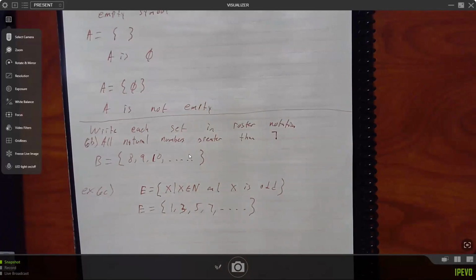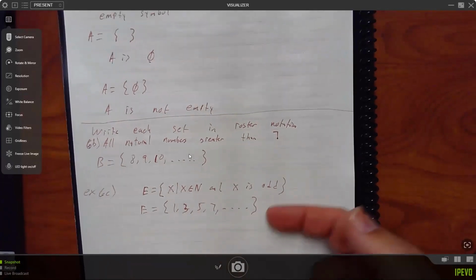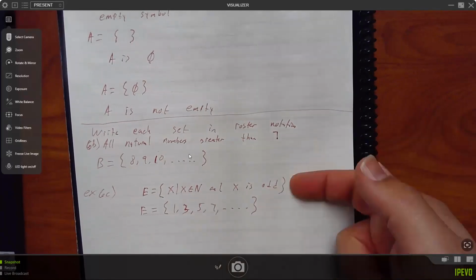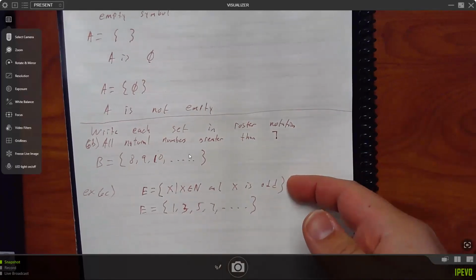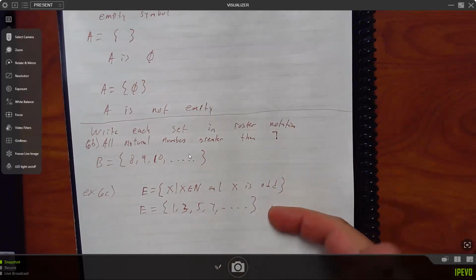That's exactly how you write that. They want this because this is the roster. They said put it in a roster. They gave it to us in set builder to put it in the other one.